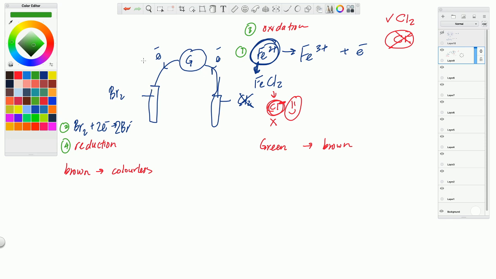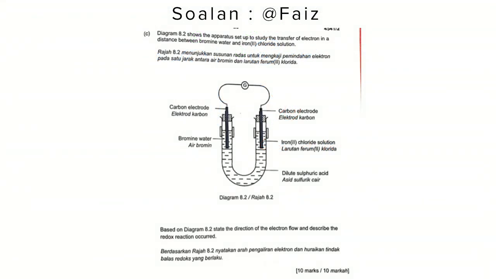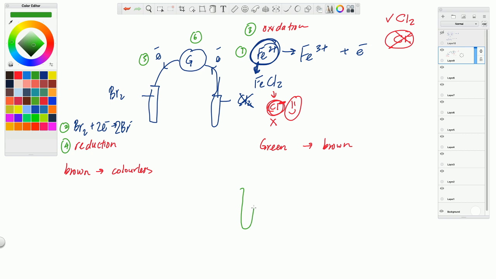And you talk about it deflecting. And then you talk about the color change. So that's your whole redox. This kind of question is always the same, regardless whether they ask you like this or they ask you like this.